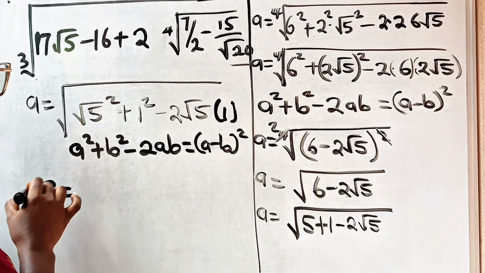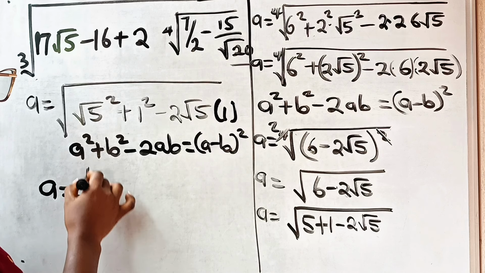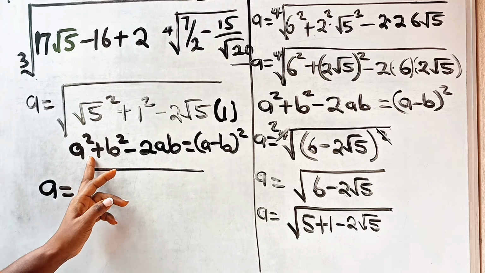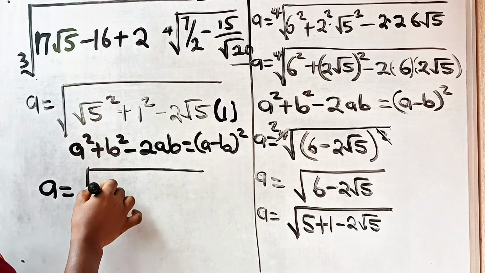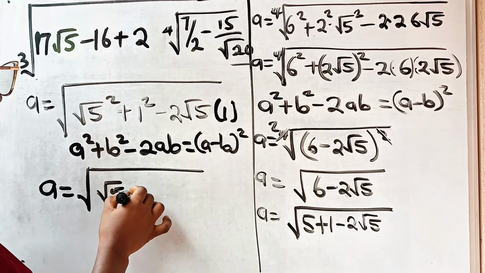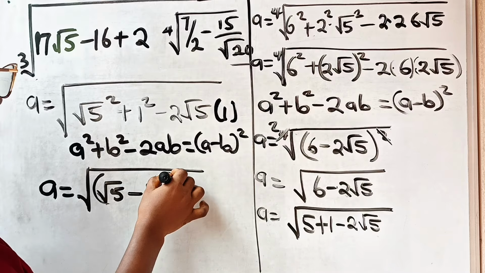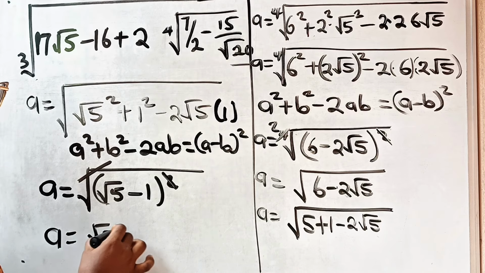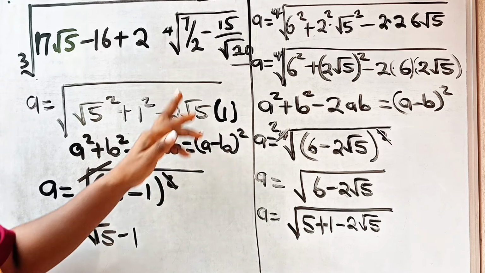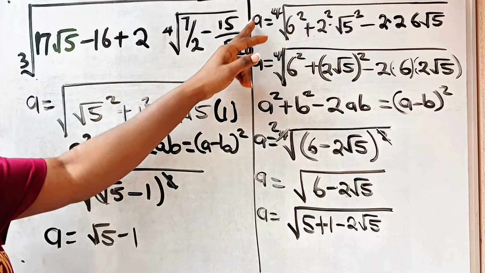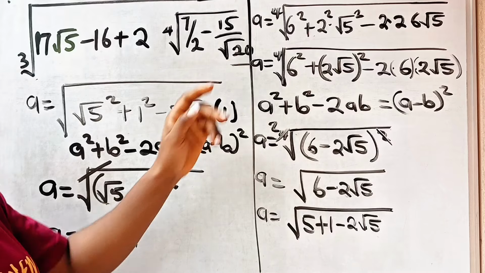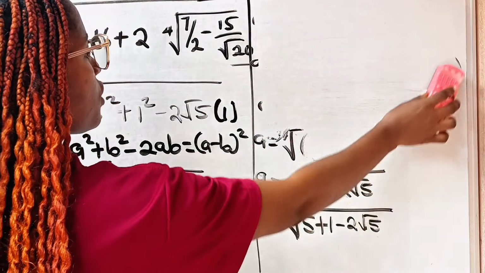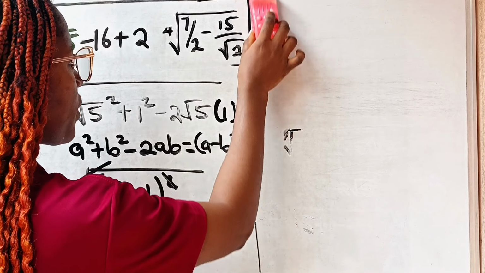This is an identity. So it's going to be root 5 minus 1 all squared. Now this can remove this. We now have that a is equal to root 5 minus 1. Now remember that this is the whole of a, under the fourth root of this. So I'm going to replace that in the equation and then try to simplify further.